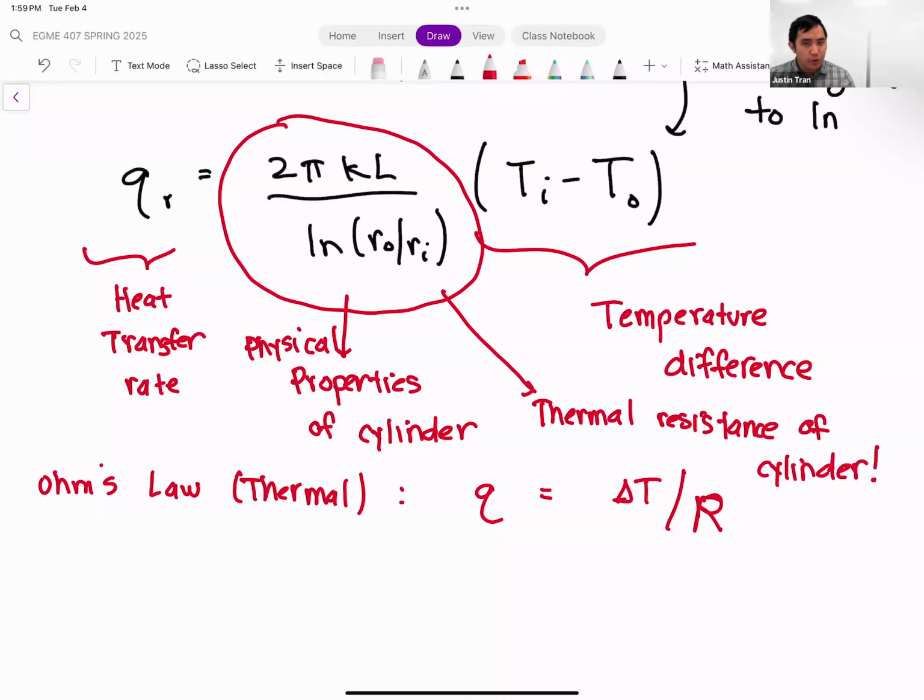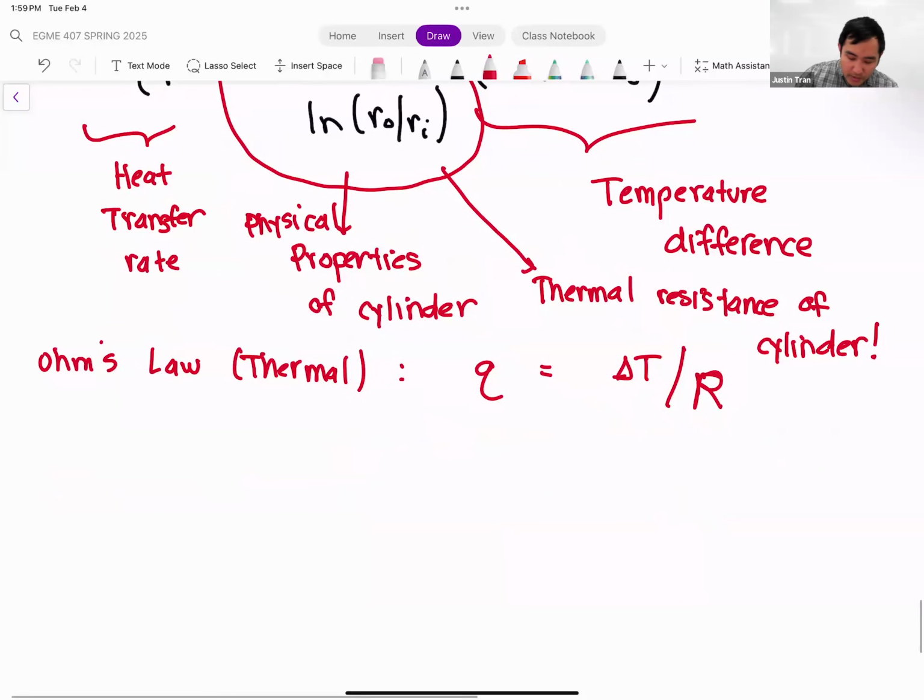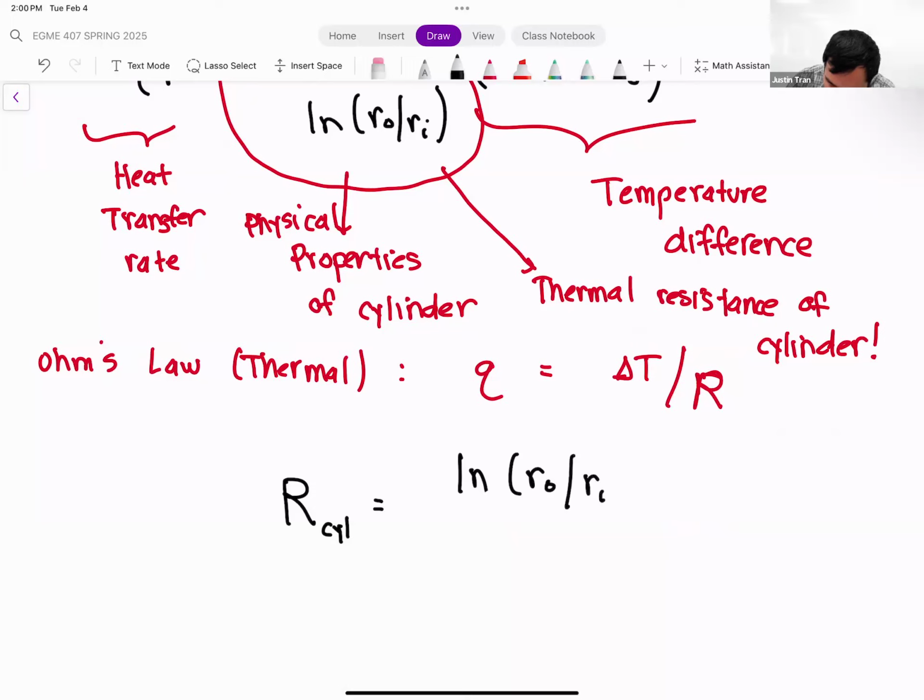Or I guess more specifically, it's 1 over the resistance. And so let me go ahead and write that into an equation, just because we're going to need it, not today, but on Thursday. So we have R cylindrical is equal to the natural logarithm of the outer radius divided by the inner radius, divided by 2 pi times the thermal conductivity times the length of the cylinder.